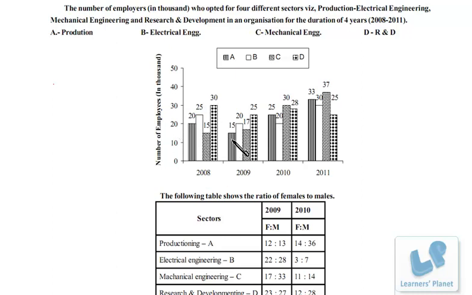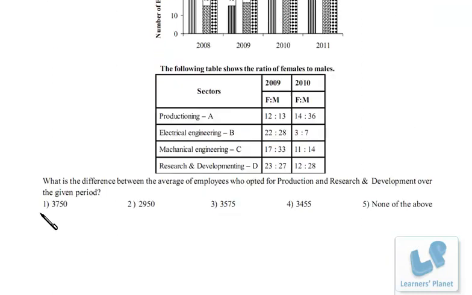So 20, 30, 10, then 15 and 25, further 10, 10 and 10, 20, 25 and 28, 3. So that's 23, and here production is more than that of R&D. So 33 and this is 25. So that is 8. So 23 minus 8, in all it is 15,000, right? Data in 1000. So 15,000 is the difference between the total of production and R&D. But we have to find the average, so we will divide it by 4. So 15,000 divided by 4 is 3750. Okay, I hope you are clear.